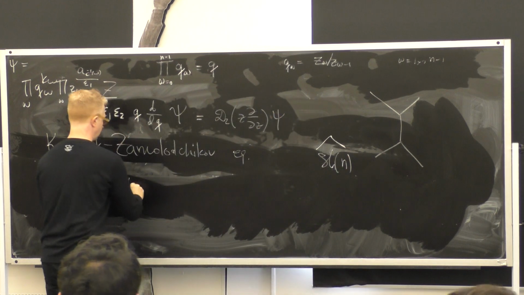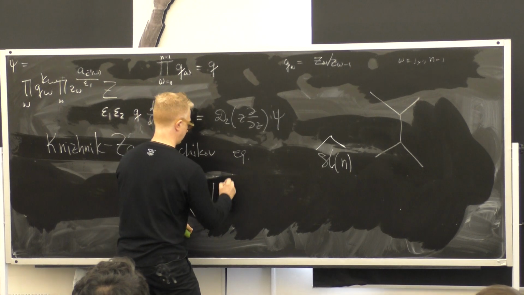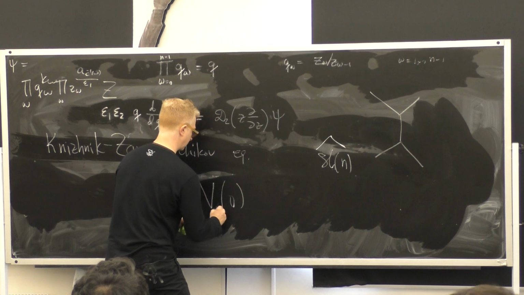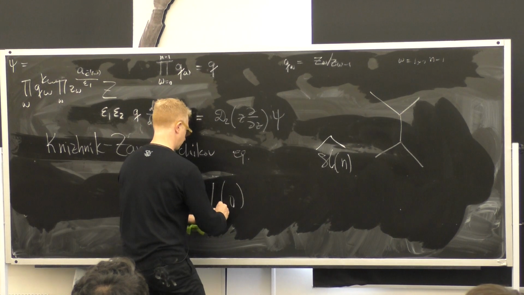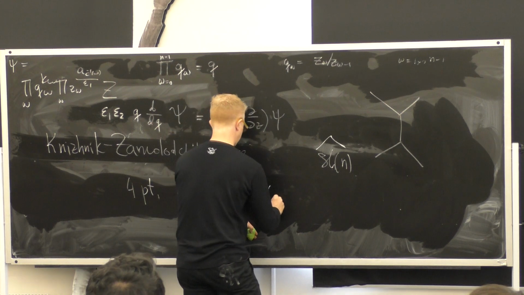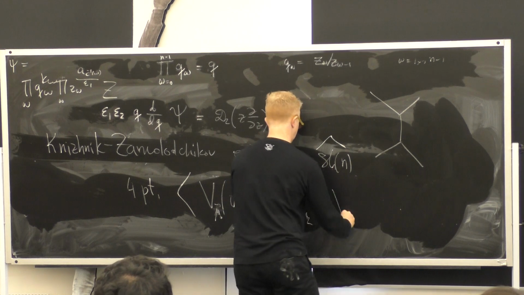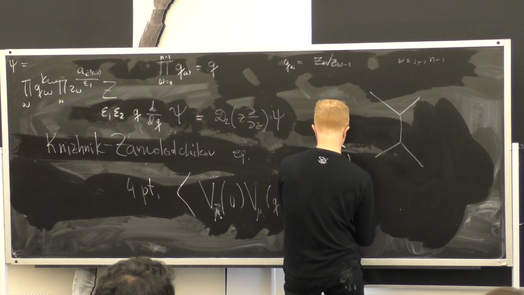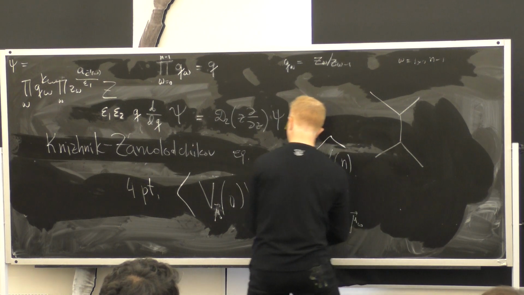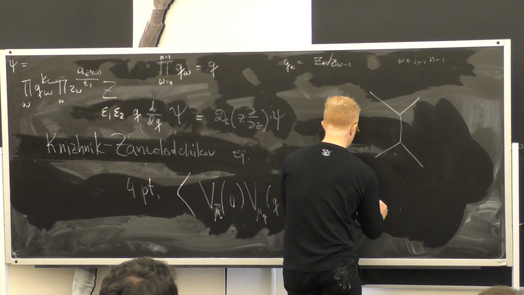So it's a 4-point block: mu0, mu1 at the point Q, mu2 at the point 1, and mu infinity at infinity.